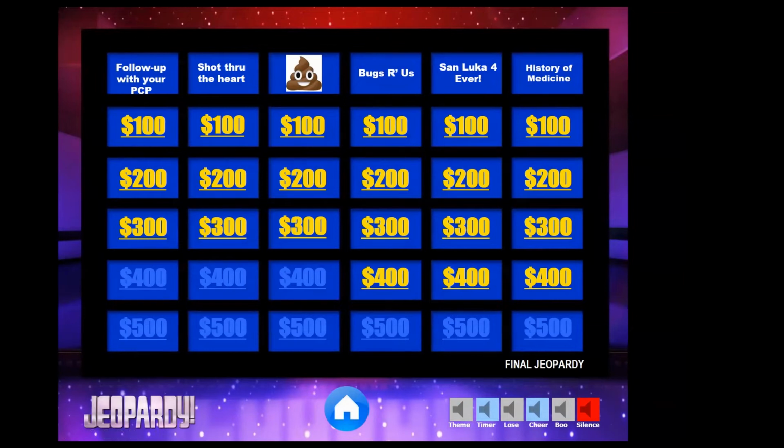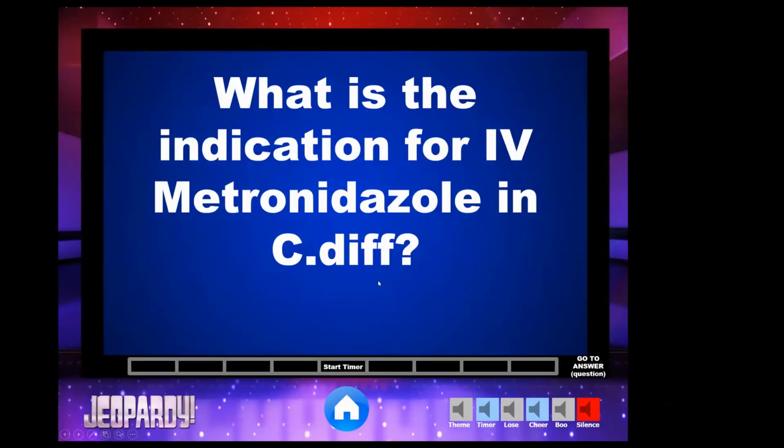So we're going to go with Bugs R Us for 400. Bugs R Us for 400. All right. What is the indication for IV metronidazole in C. diff?